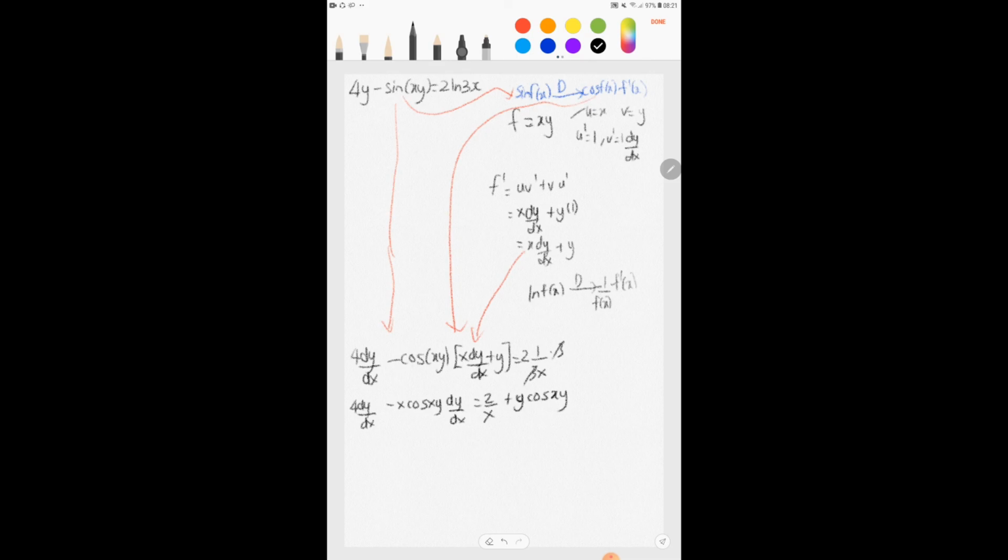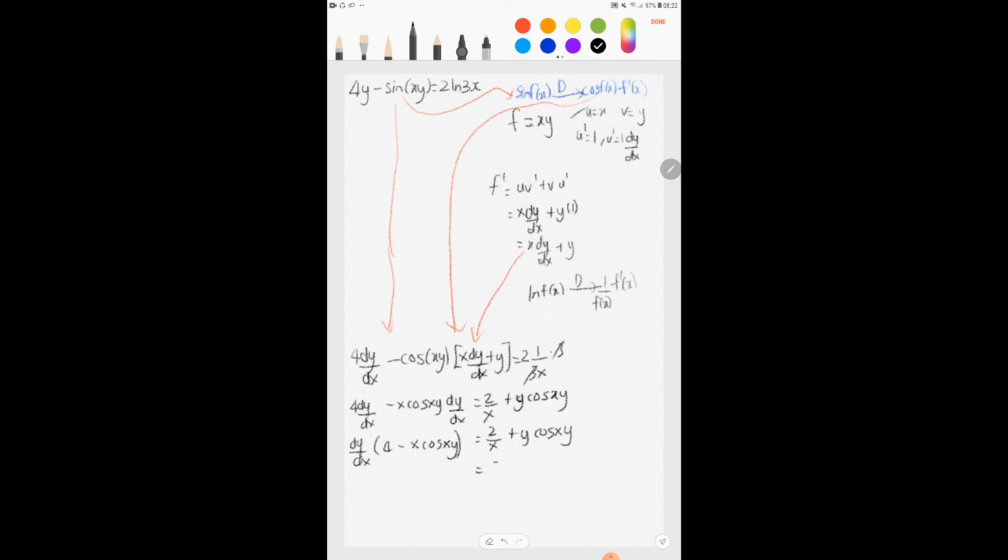We multiply negative cos xy with y, and we bring it to the other side, we get that one. Now we factor the dy/dx, so we have 4 minus x cos xy, divided by 2 over x plus y cos xy. After that, we make the denominator equal first.